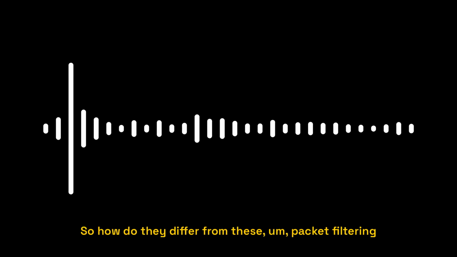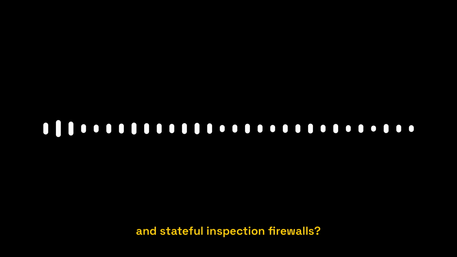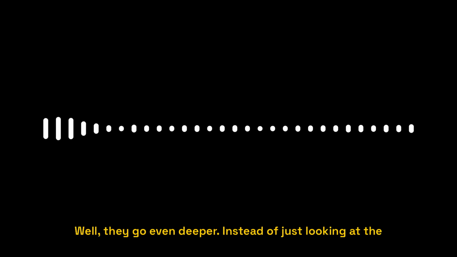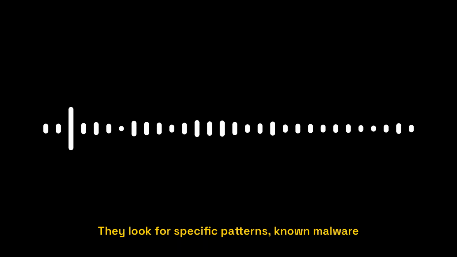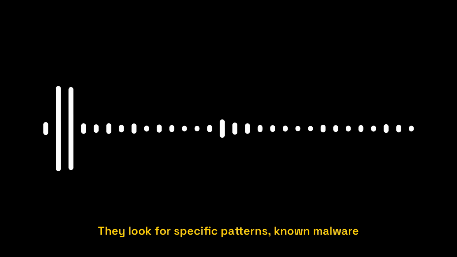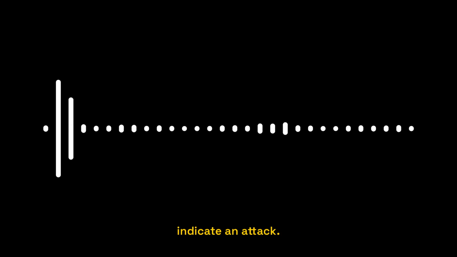Got it. Application firewalls. Yes, application firewalls, another layer of defense. So how do they differ from these packet filtering and stateful inspection firewalls? Well, they go even deeper. Instead of just looking at the header information, they actually inspect the contents of the data packets. They look for specific patterns, known malware signatures, or even anomalies in the data that might indicate an attack.